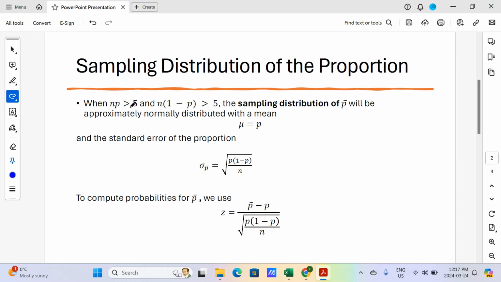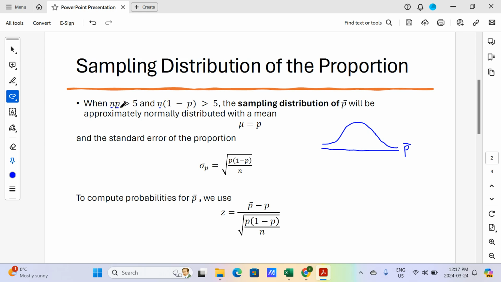If the sample size n times the population proportion P is more than 5, and the sample size times 1 minus the population proportion is also more than 5, the distribution of p bar, the distribution of a sample proportion, would be approximately a normal distribution.